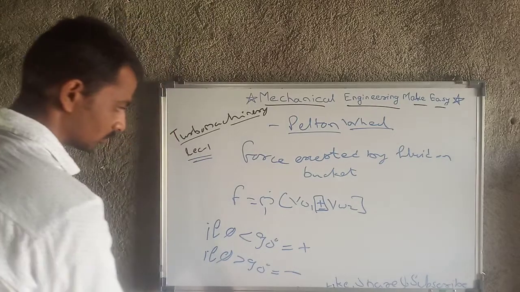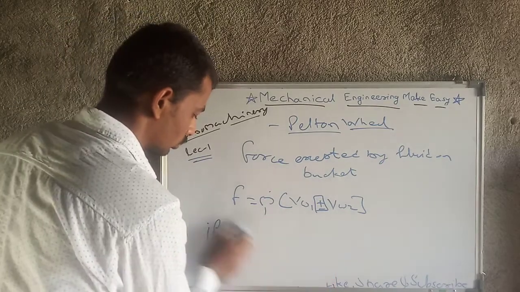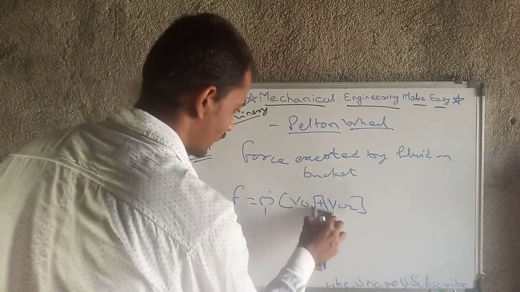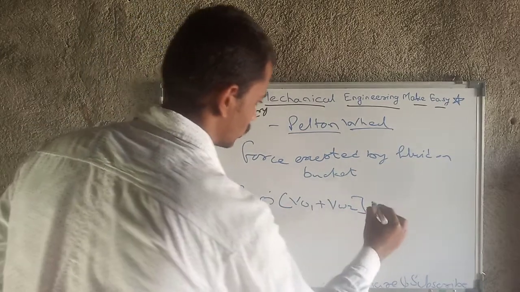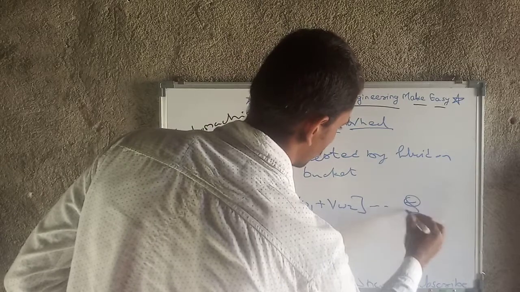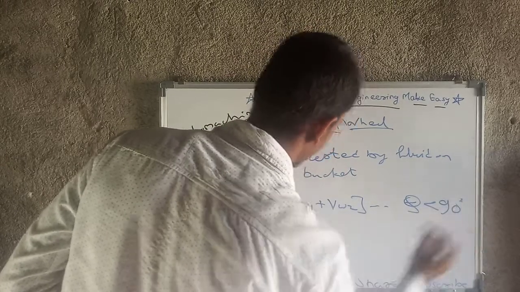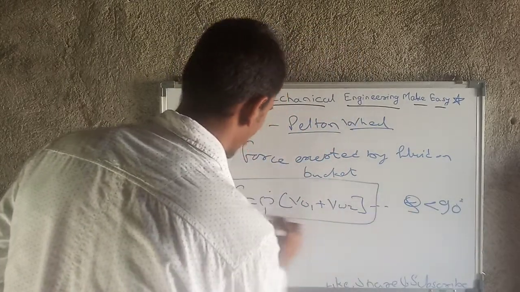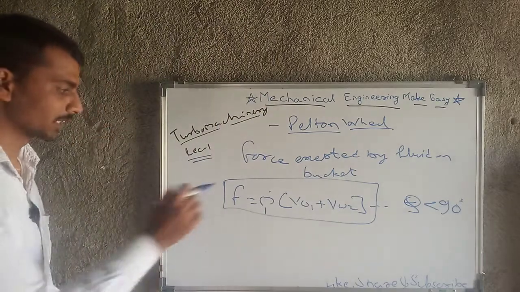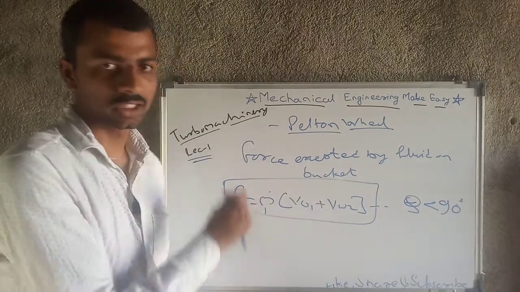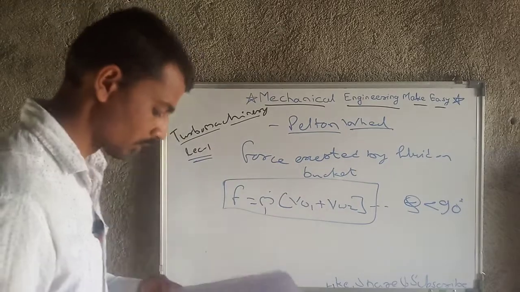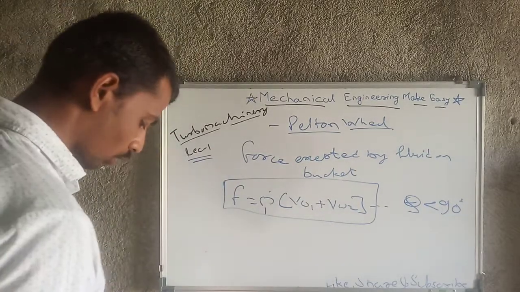Here we are considering it as positive, phi less than 90 degrees. So the formula becomes F equal to m dot into (Vw1 plus Vw2), and m dot is rho into Q. Note down all the formulas.